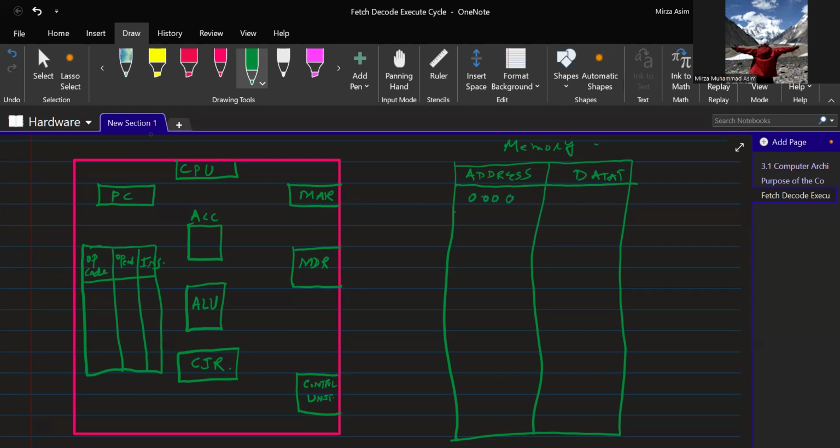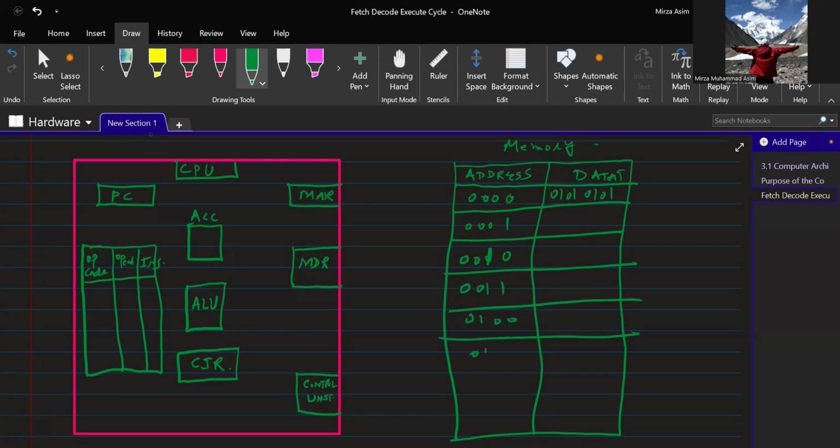This is an address, and let's say we have random data 0, 1, 0, 1, 0, 1 and 0, 1. So let me place some data over here. This is address number 1, this is address number 2, and this is address number 3, and this is address number 4, and we have 5, and 6, etc., right?